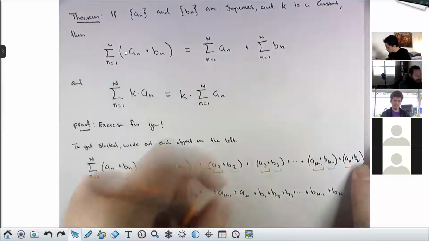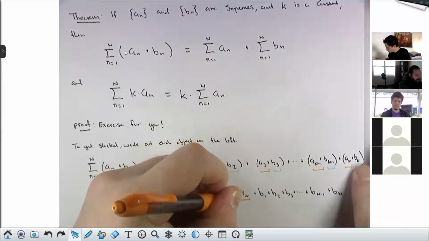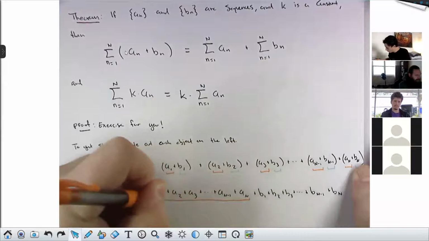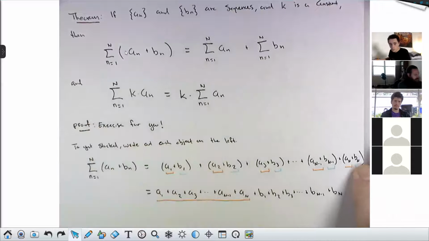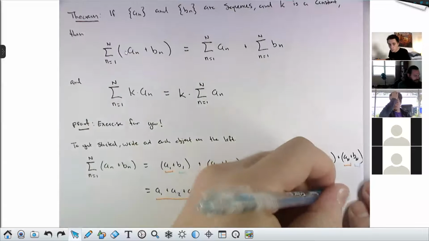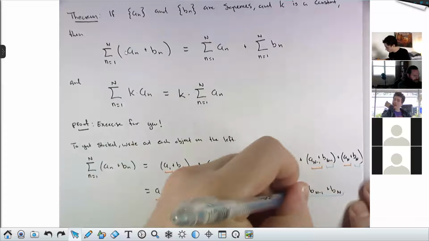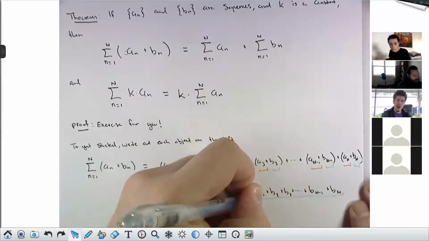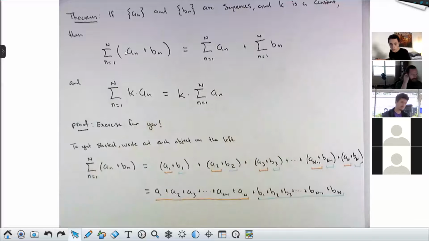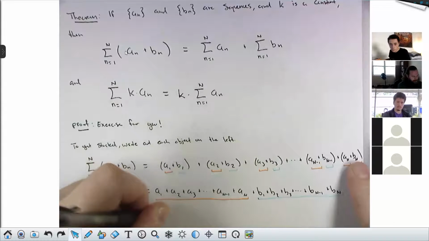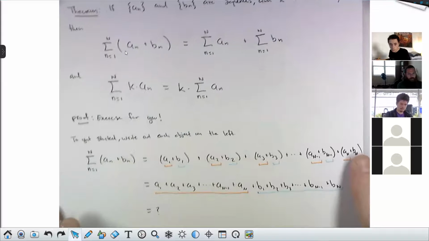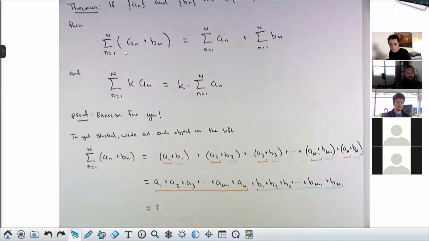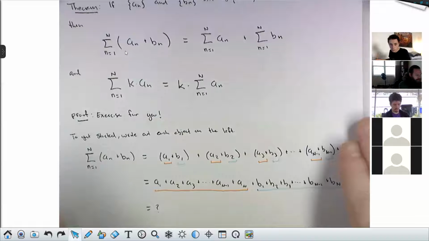This is all the orange. This is all the blue. It's up to you to finish this proof. I want you to tell me what each of those are equal to. And you can do the same thing with the second piece.